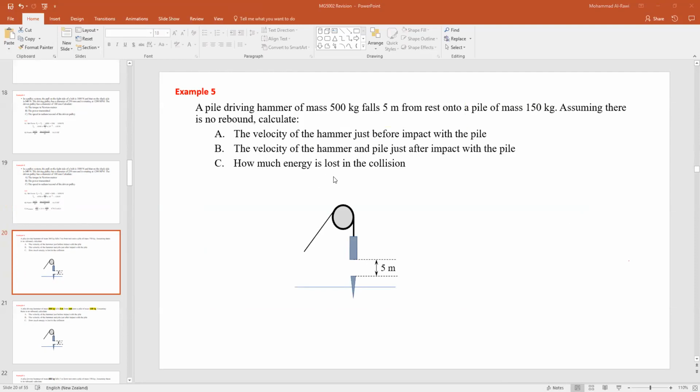How much energy is lost in the collision? It's a very good example. I want you guys to try it step by step, and then we will have a discussion about it. If you manage to get me the answer for the first part, which is the velocity, that will be awesome. And then we can do part B and part C.